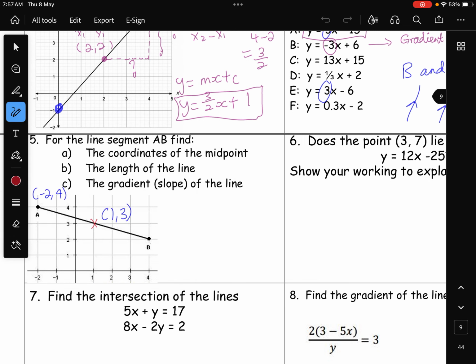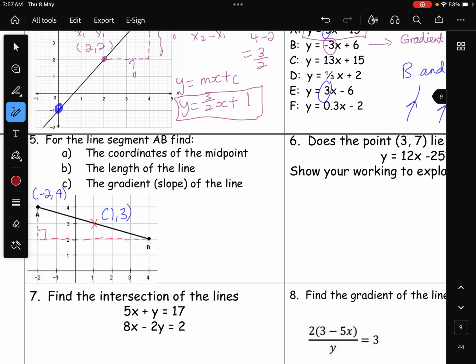Now if we want to find the length of this line, which is AB, what you could do is draw a little dash line that goes vertically and another dash line that goes horizontally. Do you realize that this creates a right angle triangle?